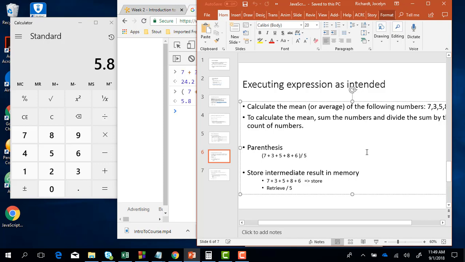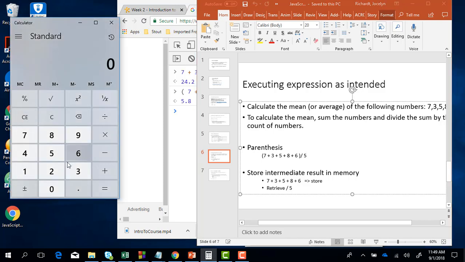There's also another way to have certain expressions being evaluated before other operators are applied. And that's storing our intermediate result in memory. We can also do this on the calculator. So if we had 7 plus 3 plus 5 plus 8 plus 6, we can get that result with the equal sign, and then we can say, please store that for me.